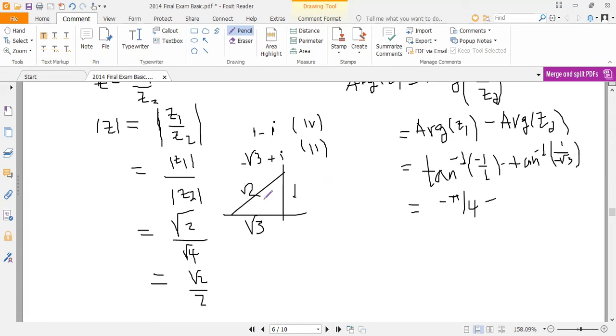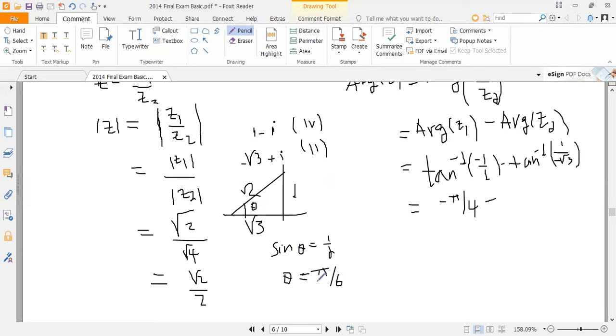So sine theta is 1 over 2, opposite over hypotenuse. So what's theta? Theta becomes 30 degrees, which is pi over 6.